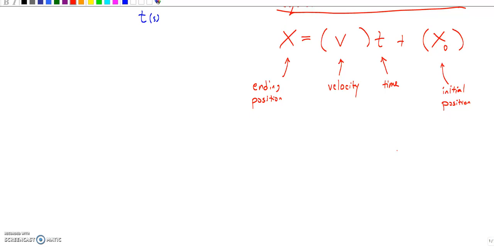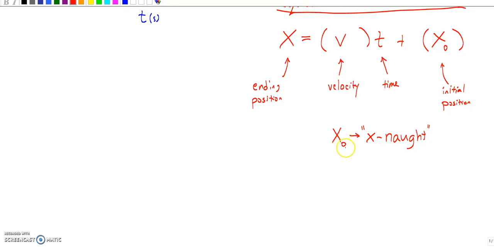I do want to make one quick point that this x with a little subscript 0 is pronounced x naught. Naught is a British term which means nothing.